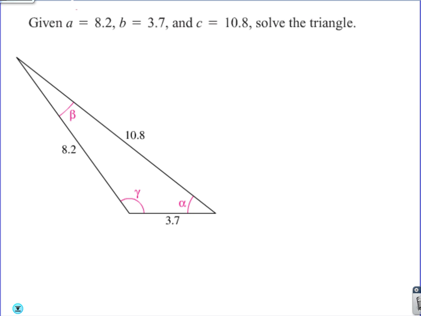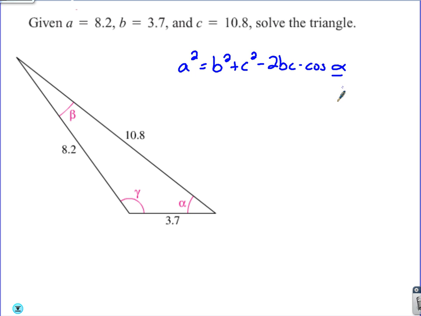It says, given that a, b, and c, you've got three sides of a triangle, find alpha, beta, and gamma. Law of cosines states that a squared equals b squared plus c squared minus 2bc times the cosine of A. So we're looking for alpha, beta, gamma, which is what we're missing.